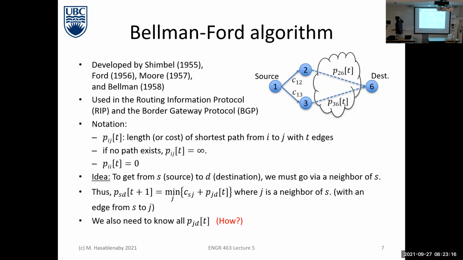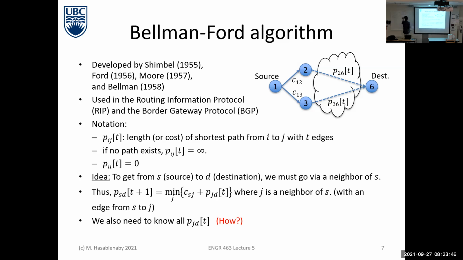And one way to solve this problem is to use the Bellman-Ford algorithm. In Bellman-Ford, the cost of the path is represented by this notation. If I write D_i(j) at iteration t, where t is the number of iteration, it means the cost from node i to node j.